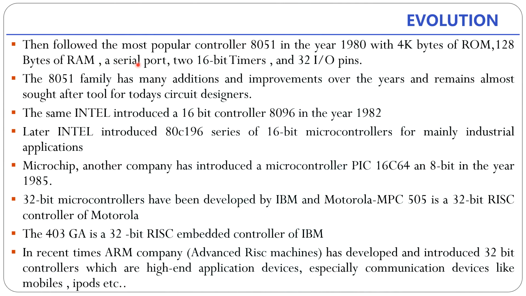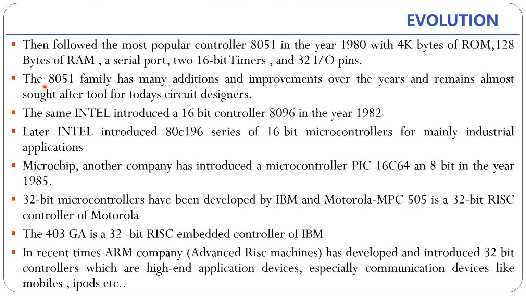Then followed the most popular controller, the 8051, in the year 1980, with 4K bytes of ROM, 128 bytes of RAM, a serial port, two 16-bit timers, and 32 input-output pins.